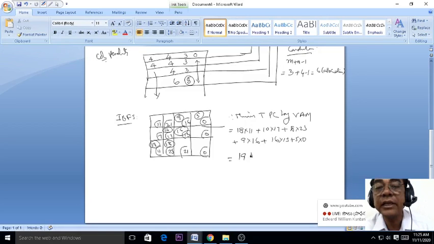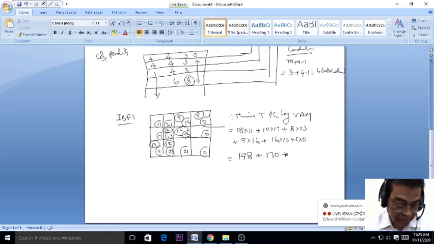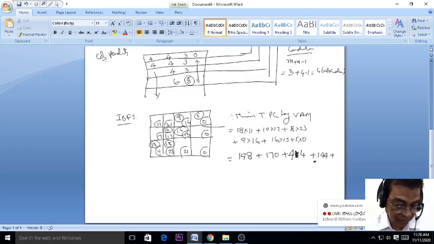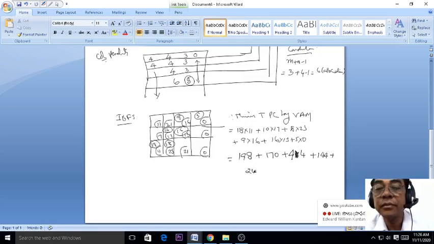So 198 plus 170 plus 18 into 23, 414. Plus 9 into 16, 144, plus 16 into 13, 208, plus 0.